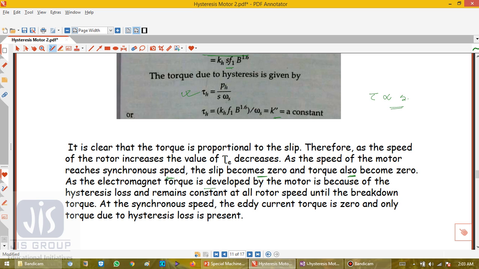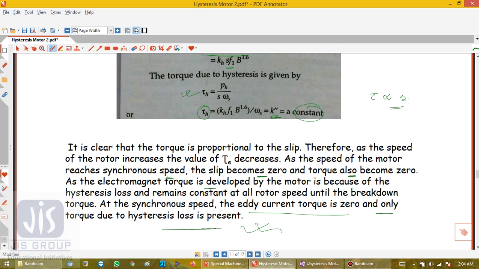The electromagnetic torque developed by the motor is because of the hysteresis loss and remains constant at all rotor speeds until the breakdown torque. At the synchronous speed, the eddy current torque is zero and only the torque due to hysteresis loss is present, because we know tau h is K double dash, a constant.